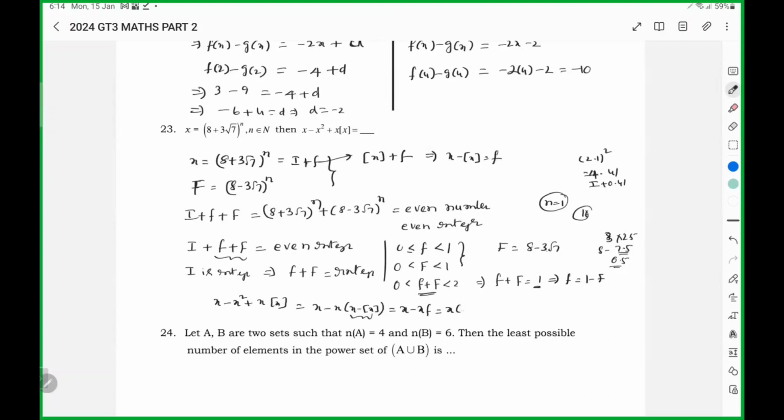So x into 1 minus f, here from this 1 minus f is capital F. Here x is, capital F is this, 64 minus 63 whole per n.